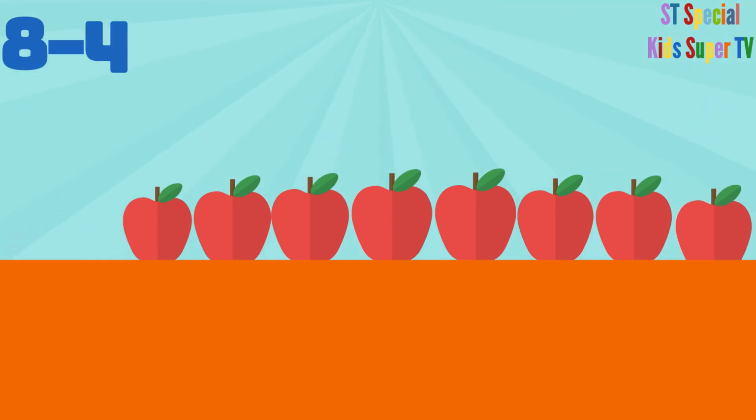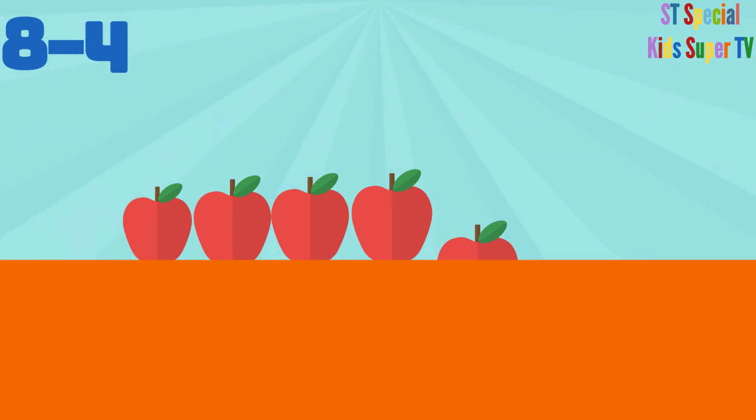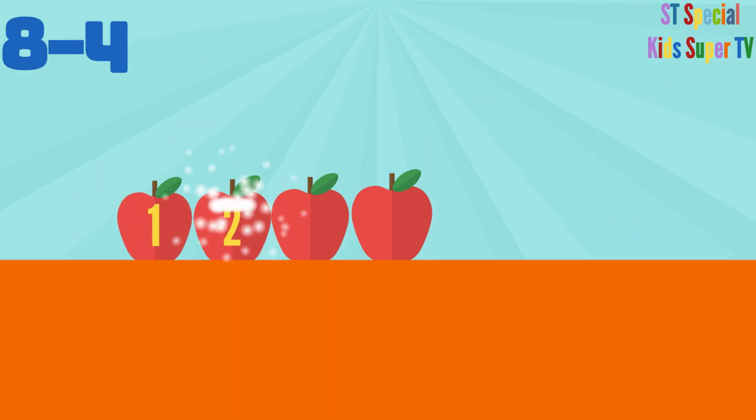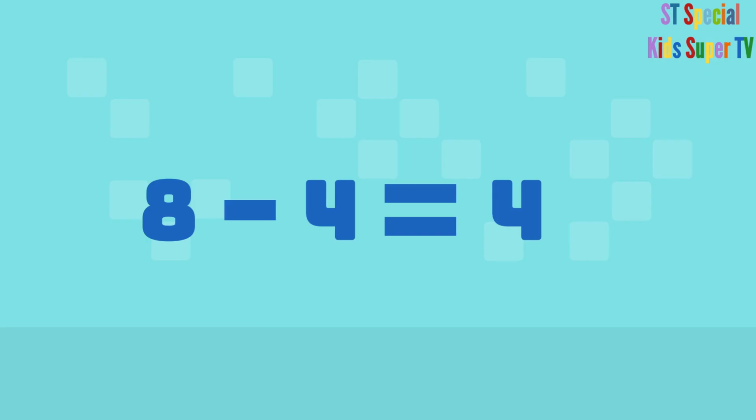So you take away 1, 2, 3, 4 apples. The answer is 1, 2, 3, 4 apples. That means 8 minus 4 equals 4.